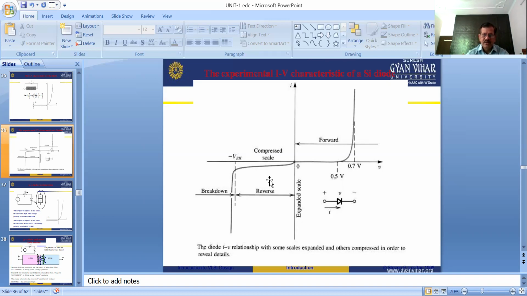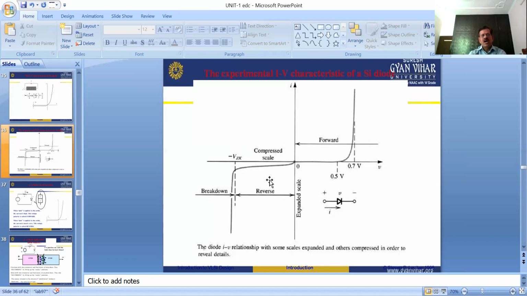As we keep increasing the voltage, at a particular condition the current increases very sharply at a particular voltage. That voltage is the breakdown voltage, and that current is the breakdown current.